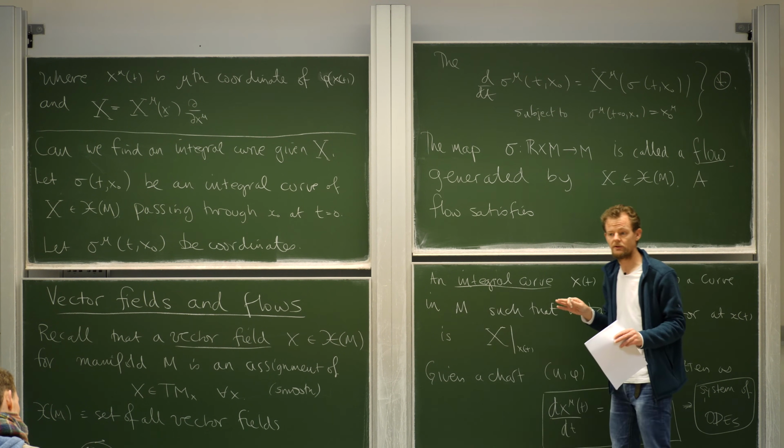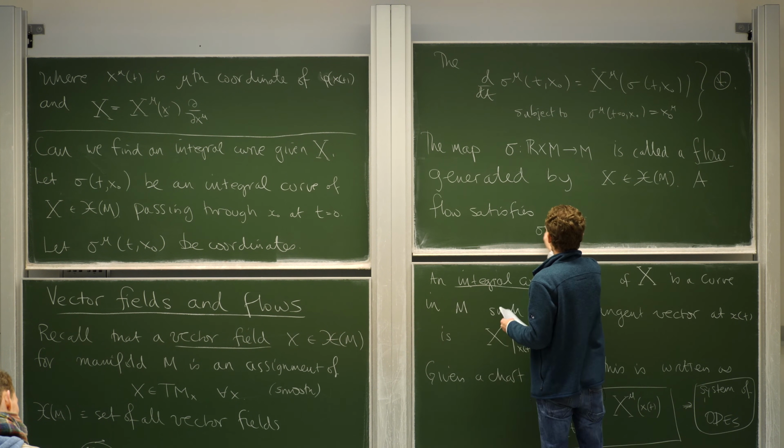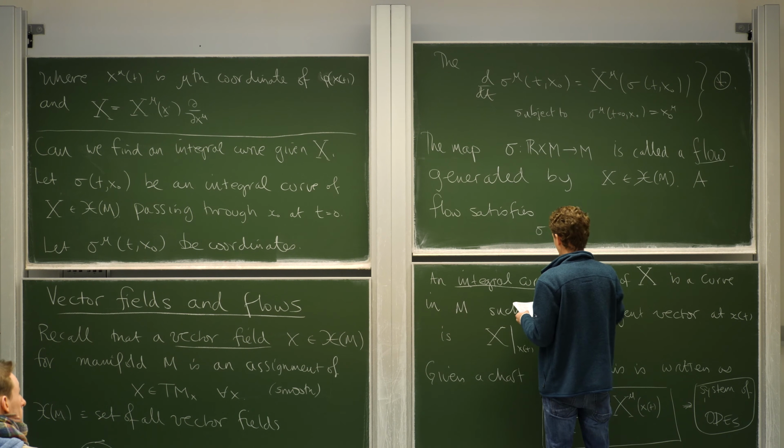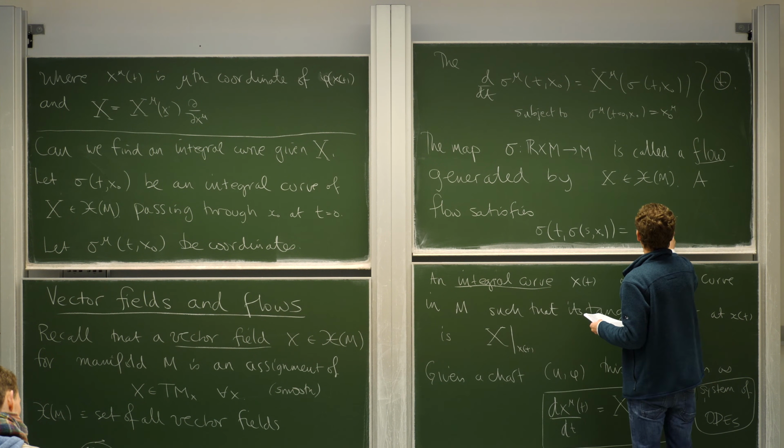Now our flow satisfies a really remarkable property that we're going to actually prove, namely that if you flow on from some other point that you flowed to first, then that's the same as flowing for the same time but from the original point.